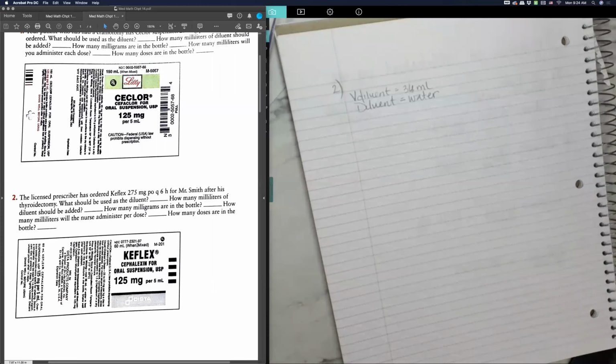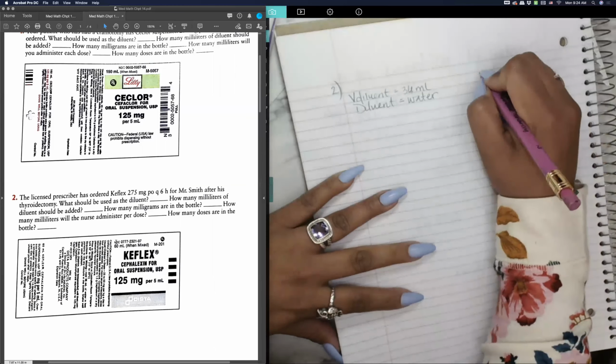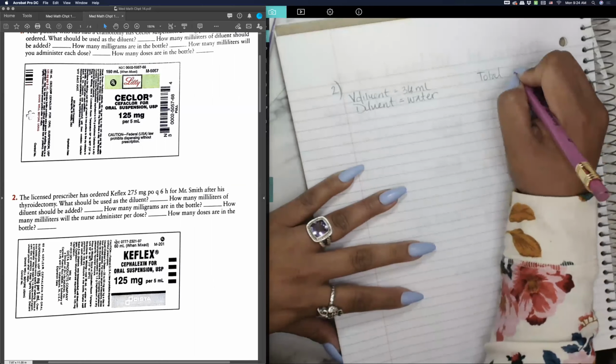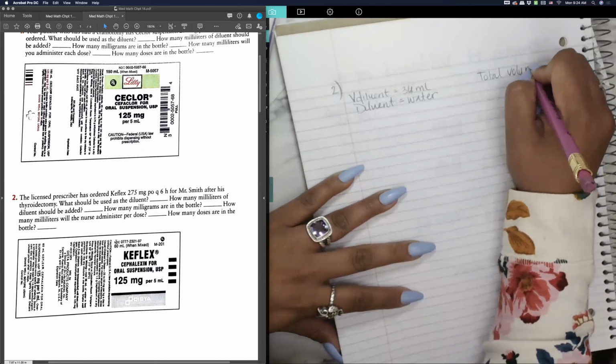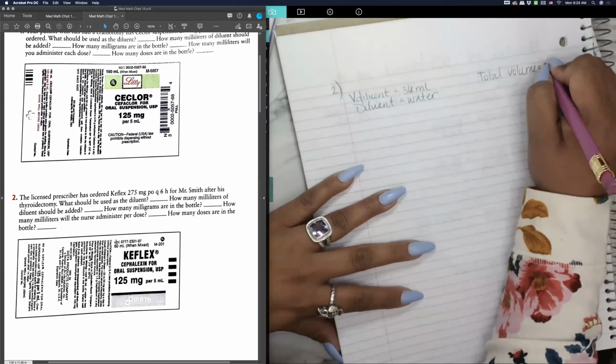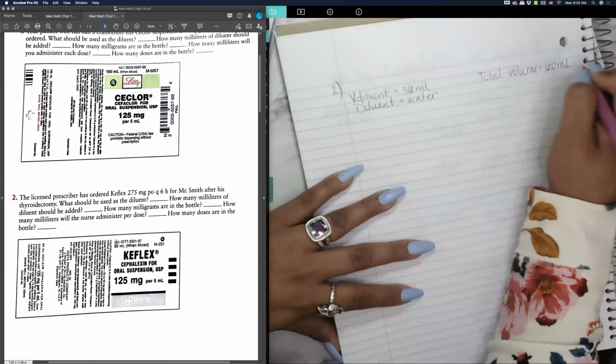It's right here above the trade name: 60 milliliters.